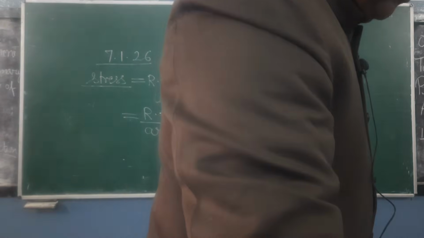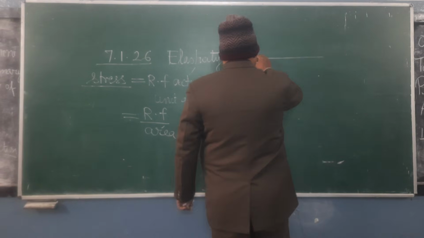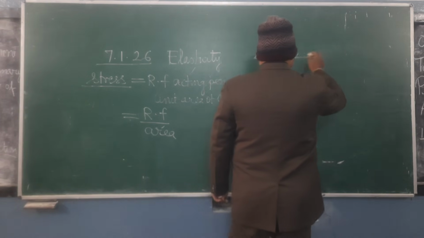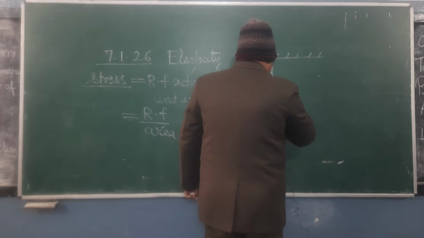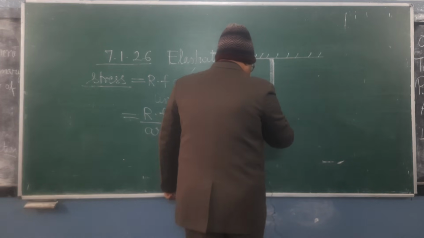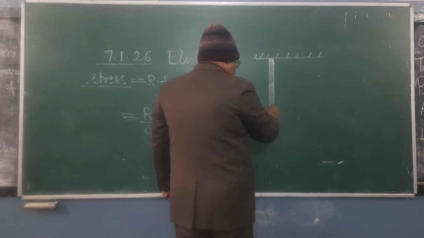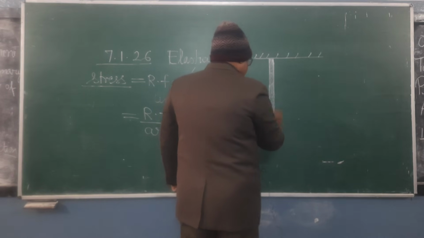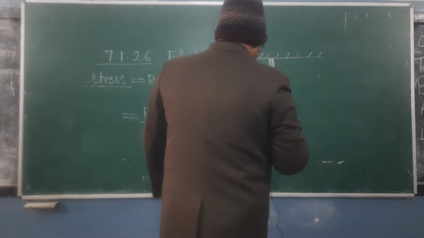Now see here, there is a body which is hanging from a rigid support. There is a thin wire which is hanging from the rigid support, and suppose its length is capital L. Now here I have suspended some weight from the lower end.